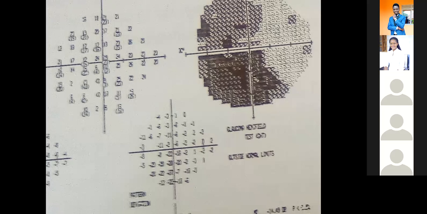There are two perpendicular lines, and then you'll have one small cross just below it. So the two perpendicular lines are just showing you the vertical and horizontal parts of the retina. And then the center of the two crosses, where the two crosses meet, is the center of fixation, which is the macula.